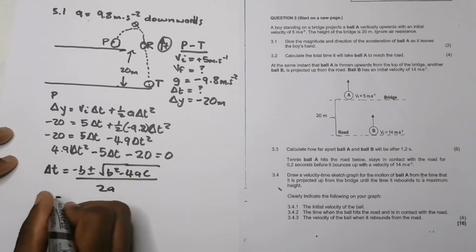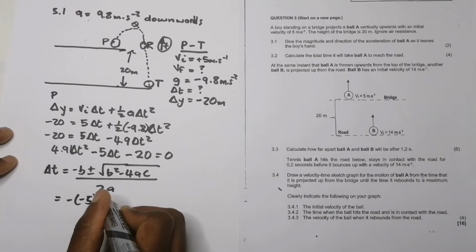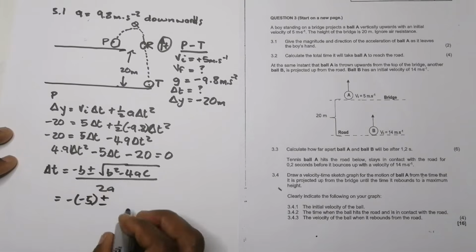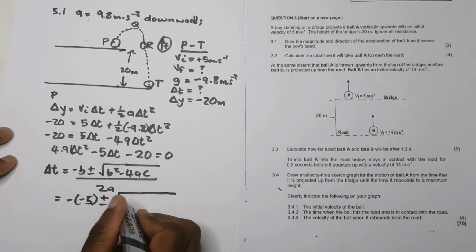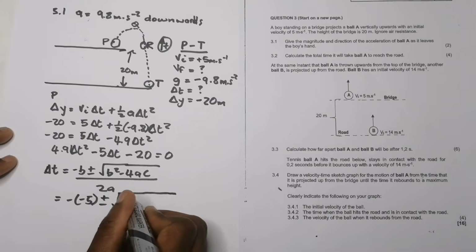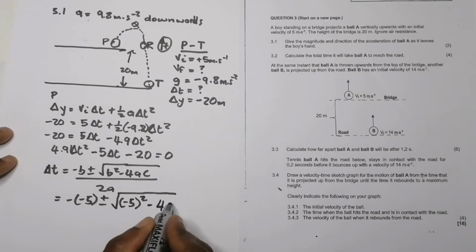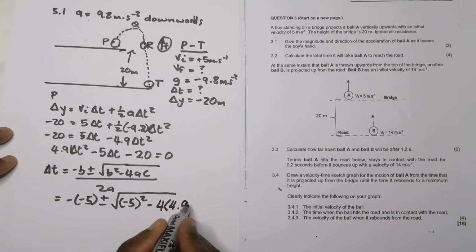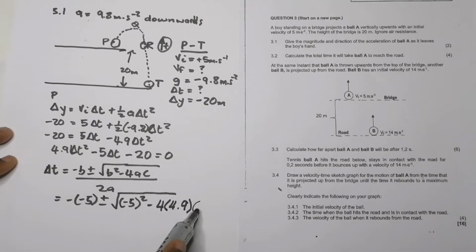Okay, so let's substitute. So that's minus b, so that's minus a negative 5, plus or minus the square root of minus 5 squared minus 4 times a, that's 4.9, and our c is negative 20 meters.